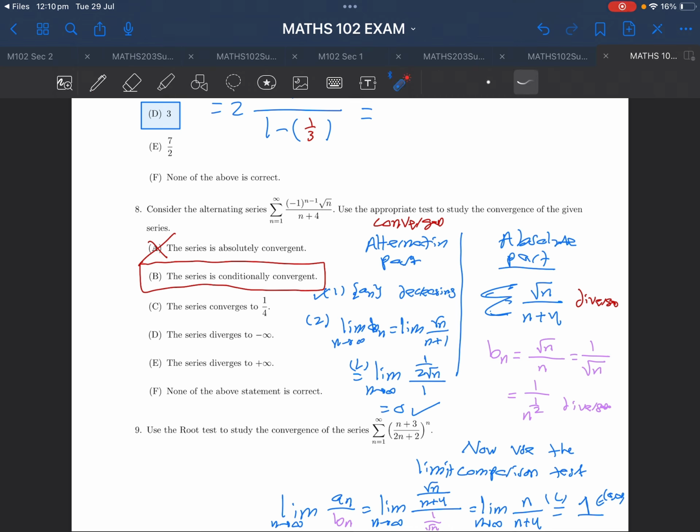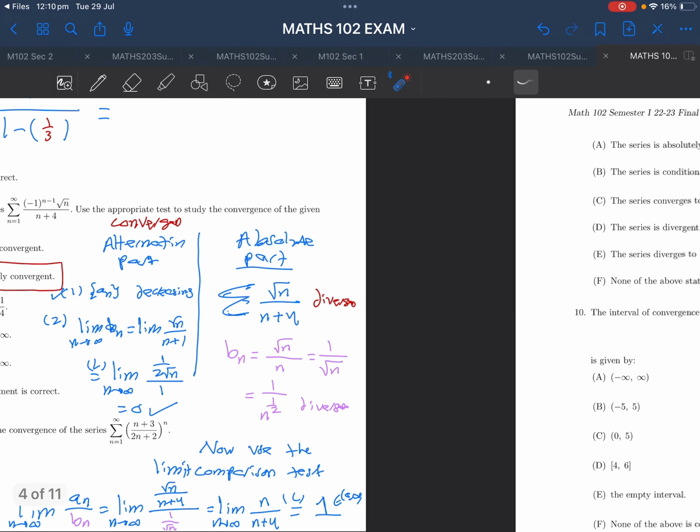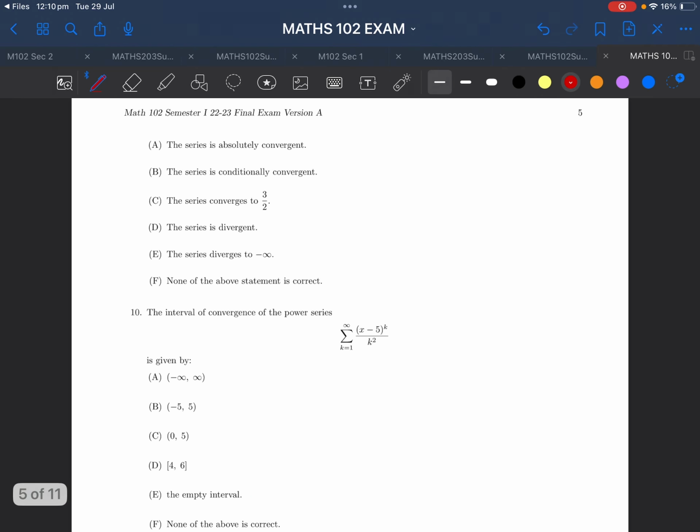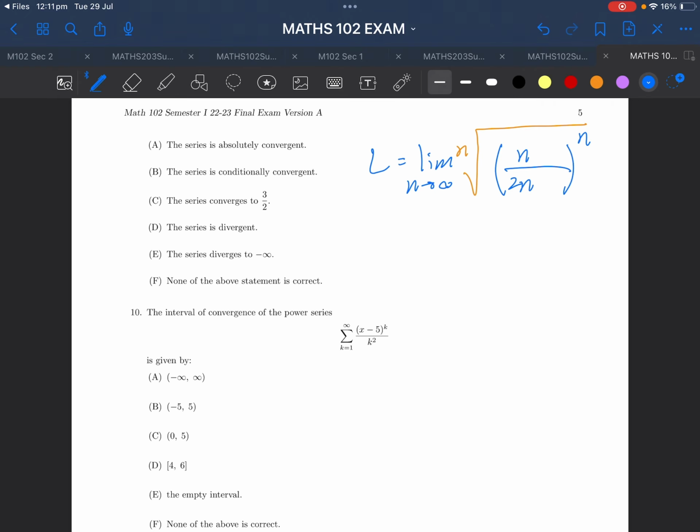Next question, we need to use the root test for this one. So just take this one to the next page and then we'll do it. Now the root test is we take L as the limit as n goes to infinity of the nth root of a_n, which was, I think, n over 2n plus 3.